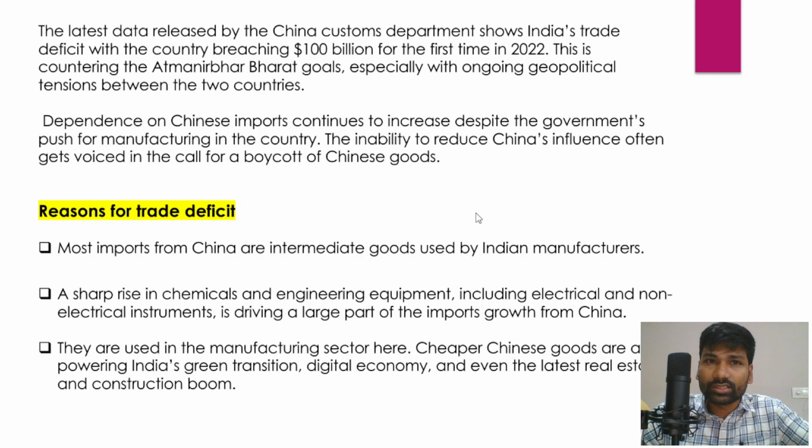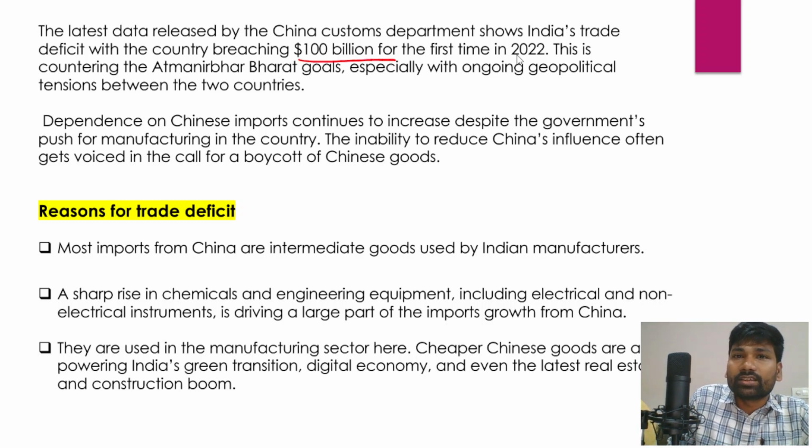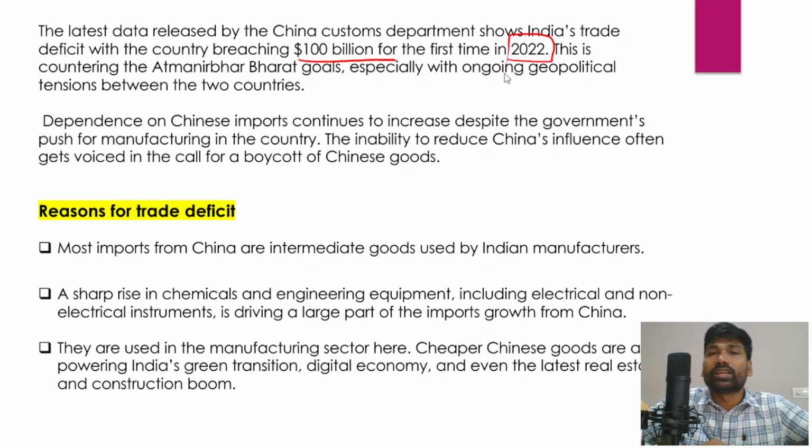In the introduction, you could briefly introduce some data and facts with respect to the growing trade deficit between India and China. The latest data released by the China Customs Department shows that India's trade deficit with China reached 100 billion for the first time in the year 2022.